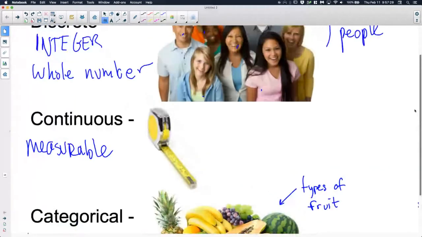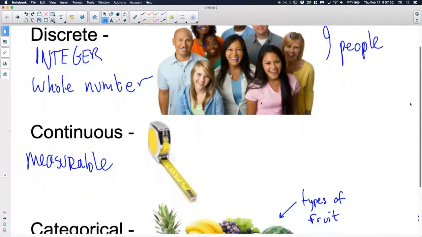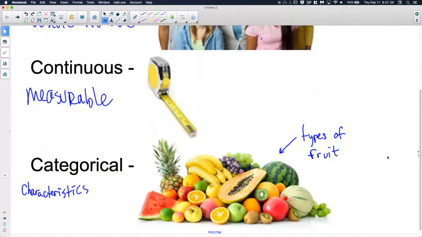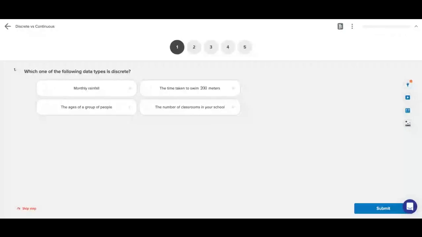Now, just to make sure you understand the difference between discrete, continuous, and categorical, I have a really, really quick math space for you to do. And when I say quick, I do mean quick. Like I'm not trying to torture y'all. So let me pull that up here for you. You're going to see something like this.